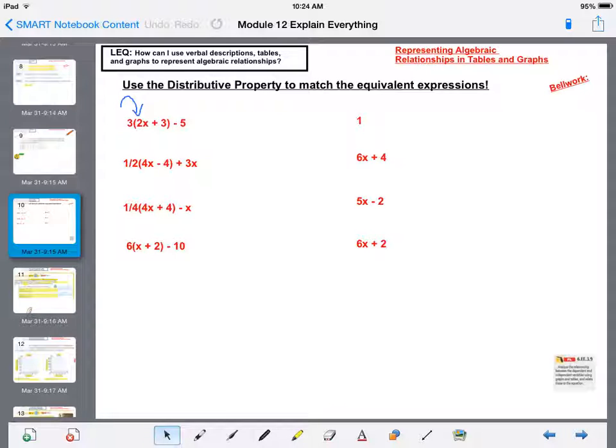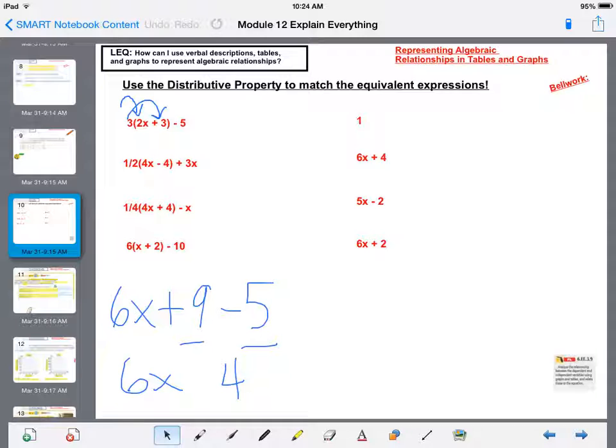That's going to be 6x. 3 times 3 is plus 9, and then we have a minus 5. Well, we can take these like terms, 9 and 5, and 9 minus 5 is going to be equal to 4. So we're left with 6x plus 4, and that one matches here.